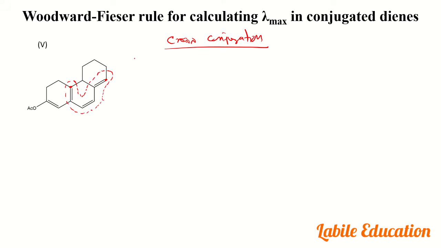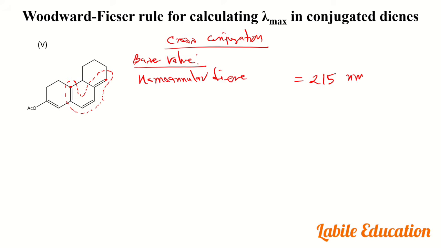So here the base value will be for the homoannular diene. If both the systems are available, homo and hetero, then we will consider the one which gives the higher value, and that is the homoannular diene.